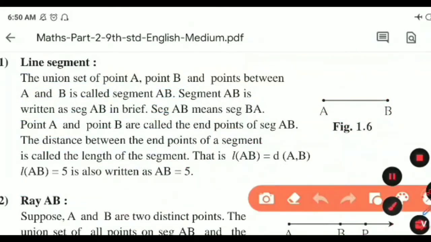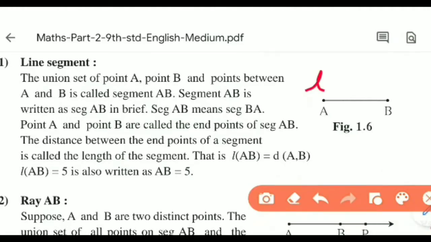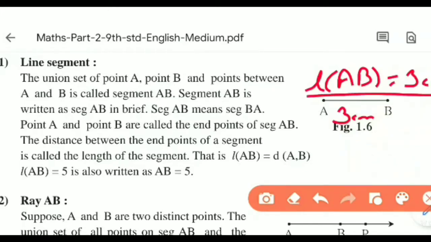We can write L for length, into bracket, length of AB means the distance between the points A and B. Suppose its measure is, as I told you, 3 centimeter. So length of AB is equal to 3 centimeter. In this way we are writing the length of AB.